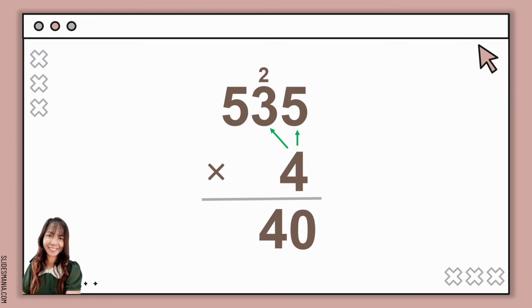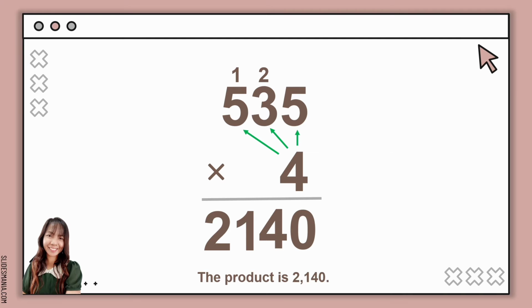So 4 carry 1. 4 times 5, 20. 20 plus 1, 21. So the product is 2,140.